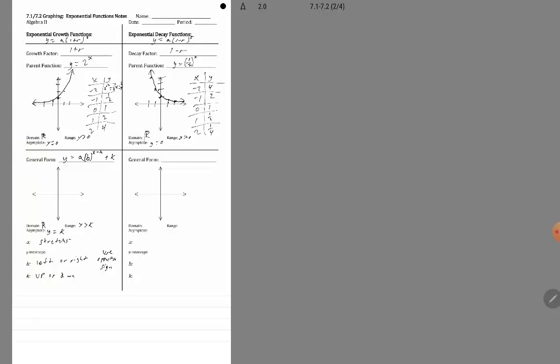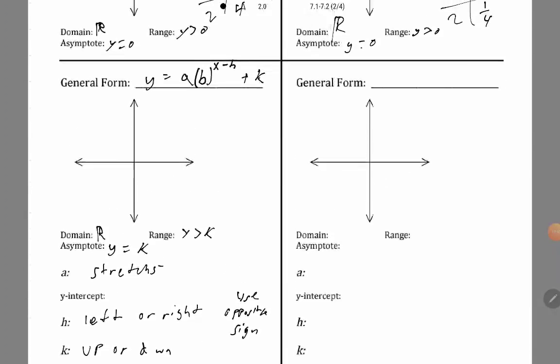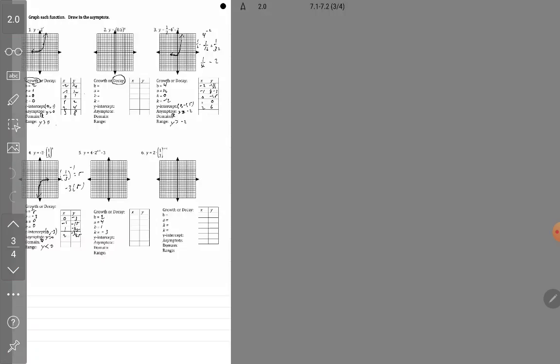So when you're looking for your y-intercept, it'll be h, comma, h, comma, okay. Okay, so let's go back down there.